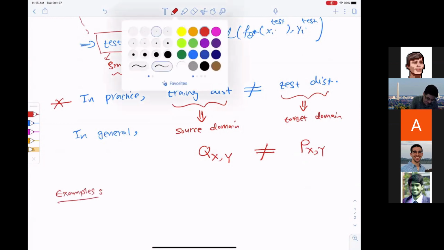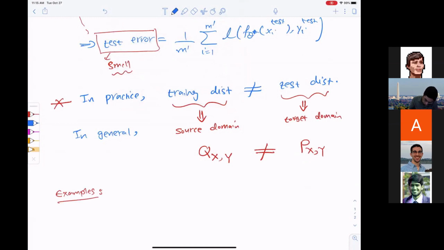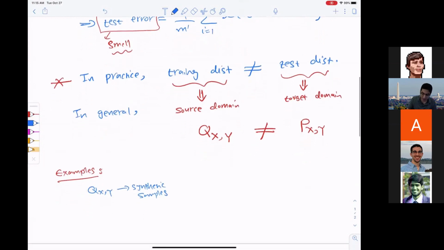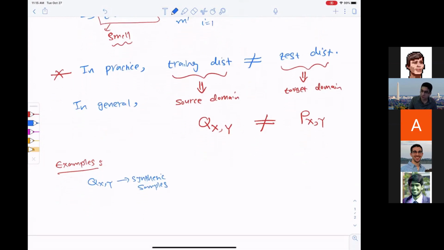So you may have your QXY representing some synthetic samples. These are easier to generate in many applications, and you want to train your model on these synthetic samples.